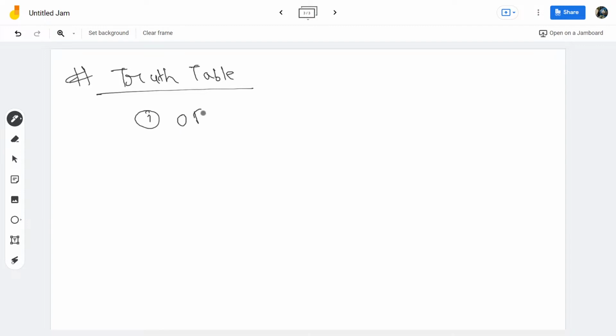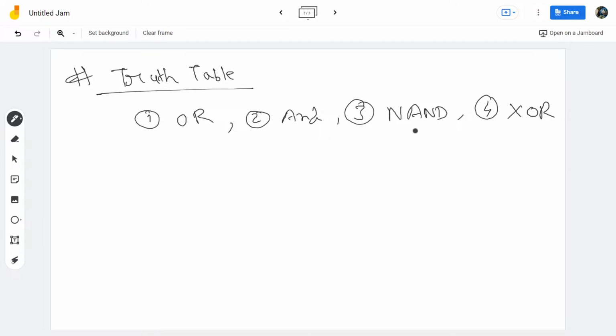The first one is OR, the second one is AND, the third one is NAND, the fourth one is exclusive OR, and we are going to look at one more, that is NOR. So let's see what a truth table is. Basically, a computer understands inputs that contain only binary digits.